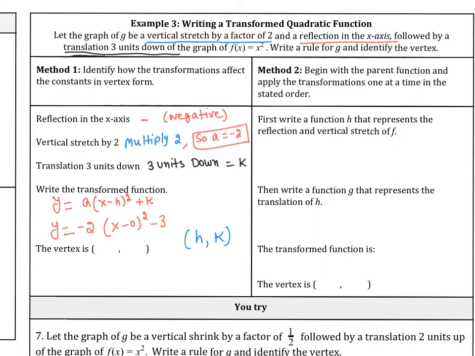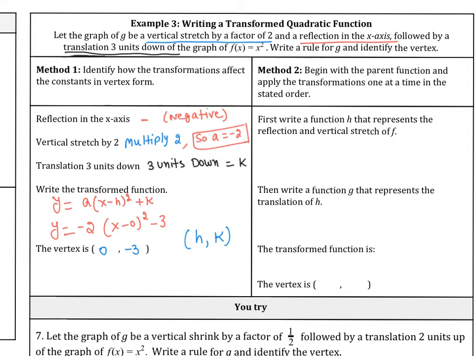In this case, the h is 0 and k is negative 3, so the vertex is 0 comma negative 3.